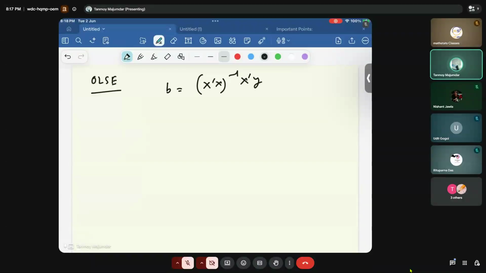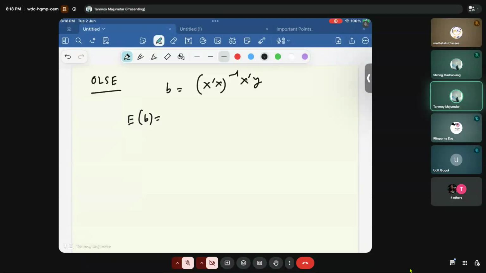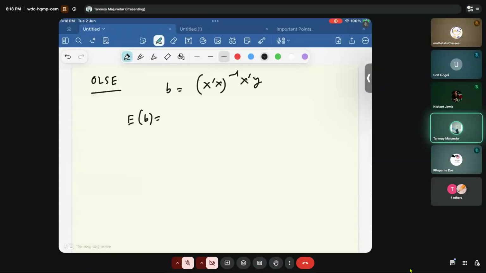Okay, and what we get, the expected value of b, that is expectation of this, that implies beta. How beta is coming? Expectation of x dash x inverse x dash y, और expectation of y का क्या आता है, x beta, so that means it will be beta. So obviously b is the unbiased estimator of the regression parameter beta.